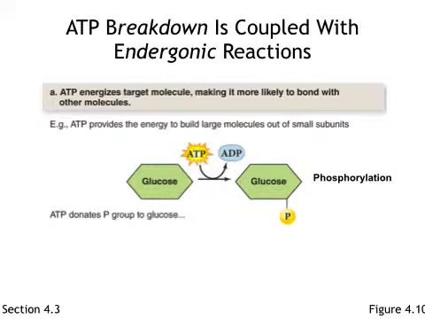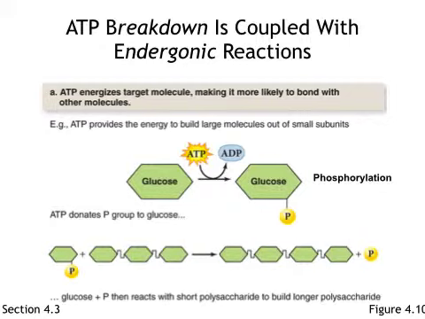And this is a process called phosphorylation, when the phosphate group attaches itself to a molecule. So here ATP donates a phosphate group, it attaches to the glucose, and that actually allows the glucose to react with other glucose monomers to form a long carbohydrate chain or a polysaccharide.